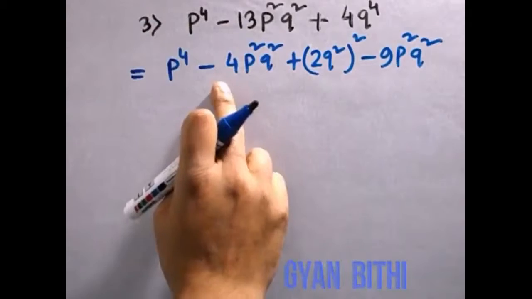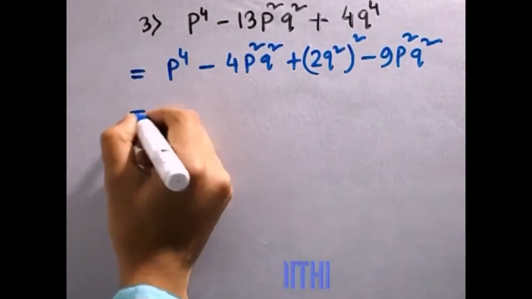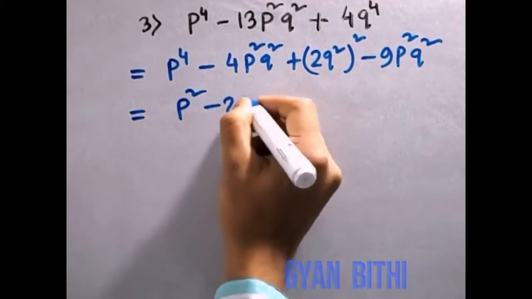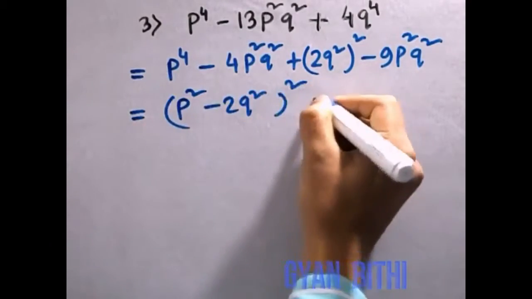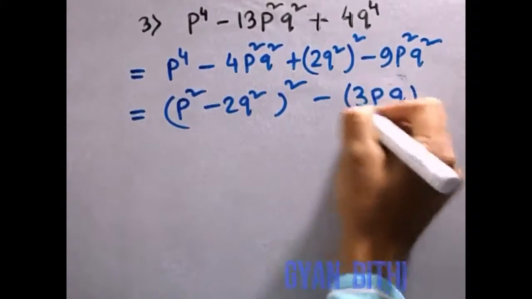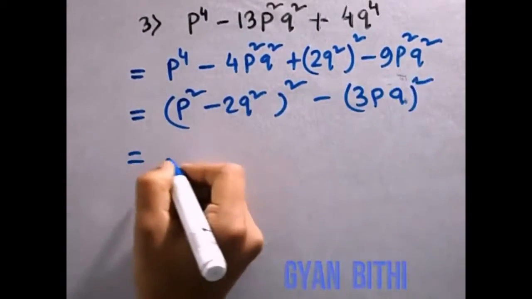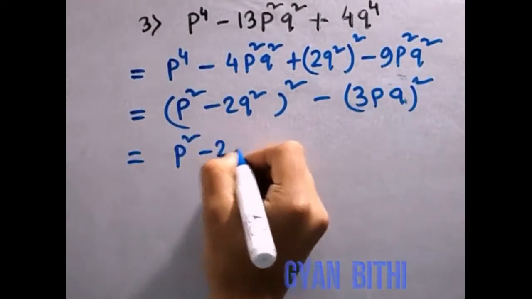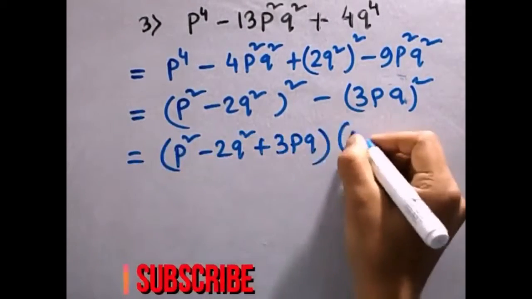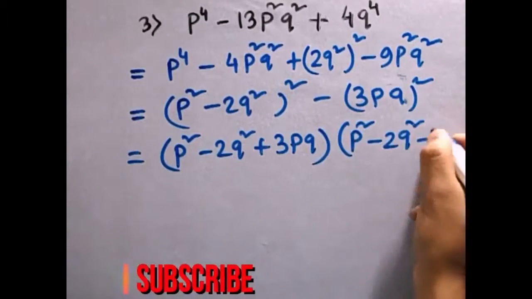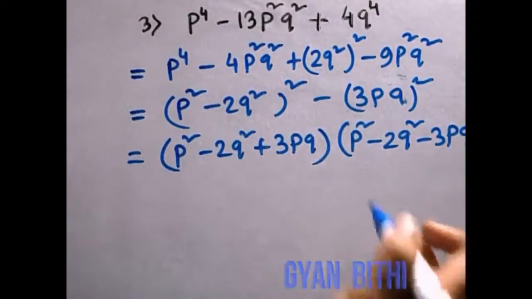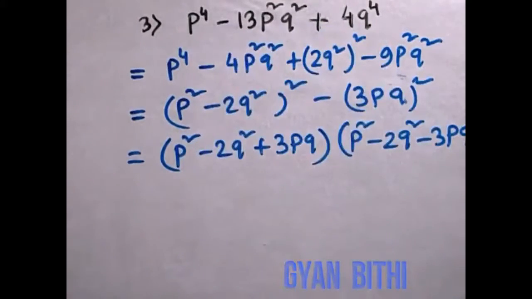It is equal to p square minus 2q square whole square minus 3pq whole square, equal to a plus b into a minus b. This is the factorization of these two.